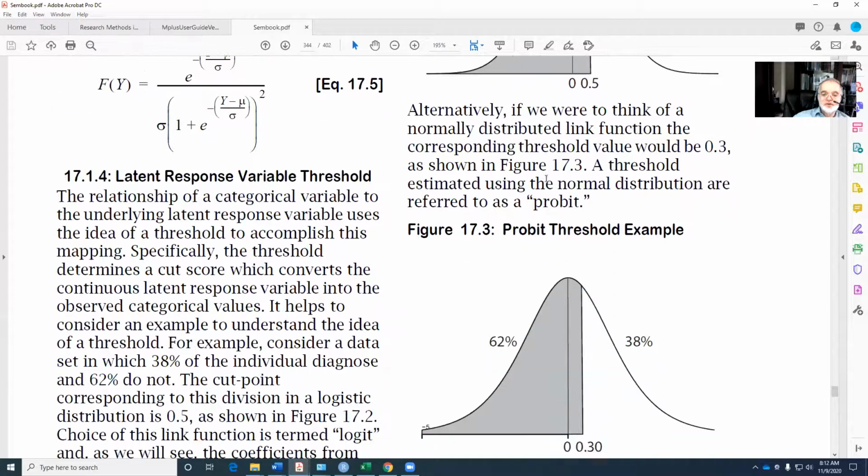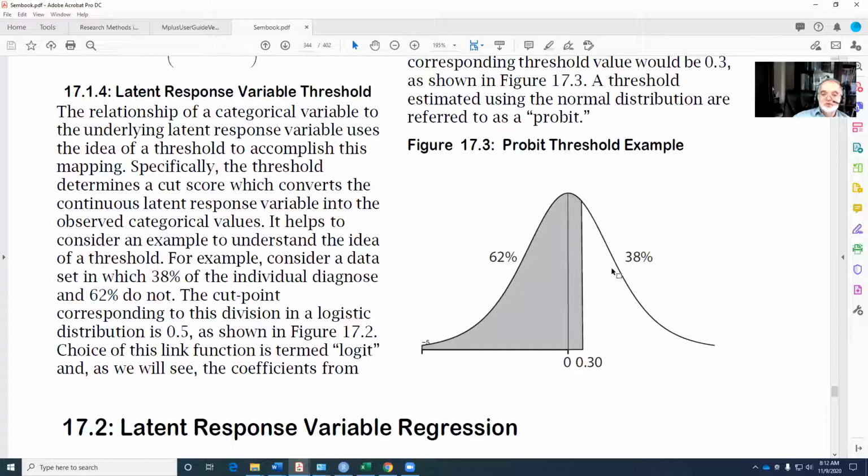And downstairs, if you like the normal distribution more, if we have 62% below the point and 38% above, that corresponds to a z-score of 0.3. And when we're using the normal distribution as our reference curve, we're going to call that a probit.